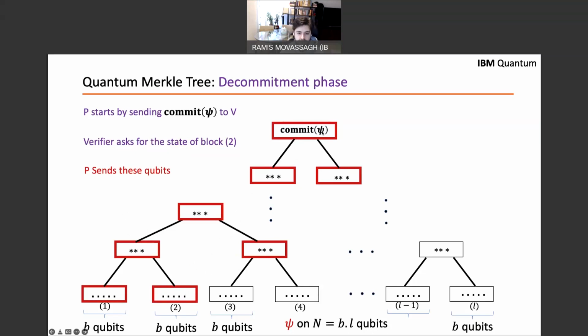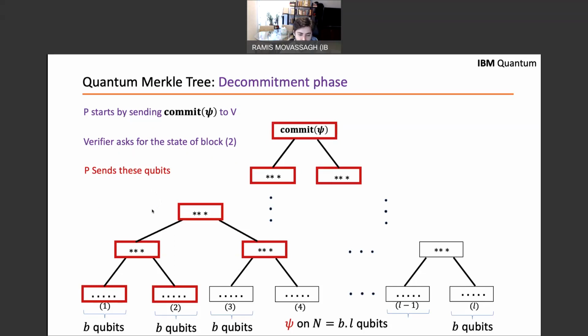Now, V from before had the root in its hand. Now it has these qubits shown in red rectangles. How is V to verify that these qubits are intact? That's when the decommitment phase starts. Recall that G and its inverse are known to both V and P a priori.